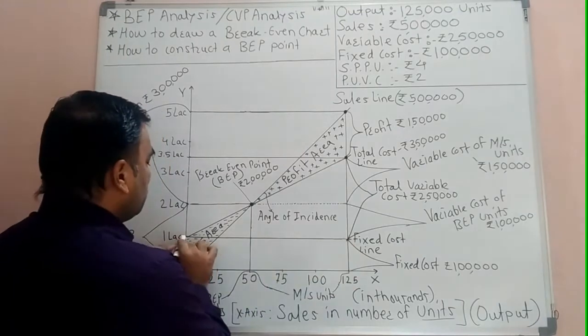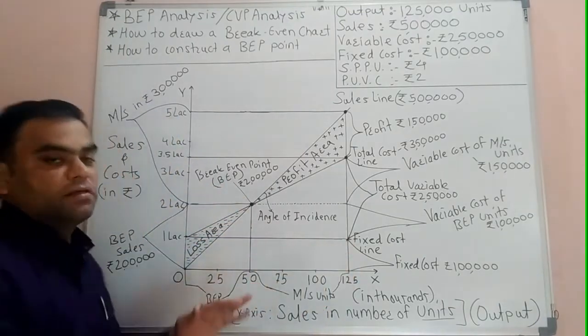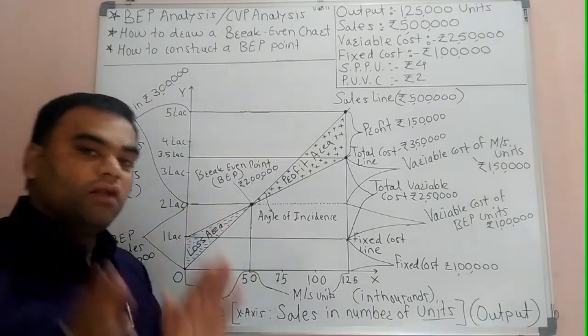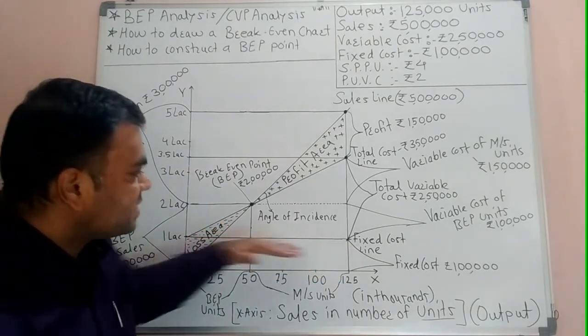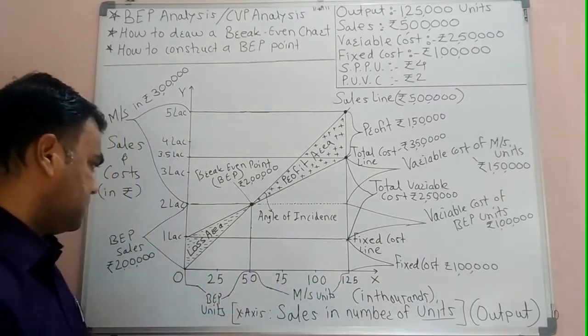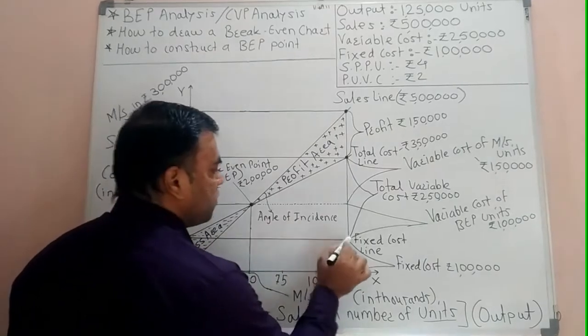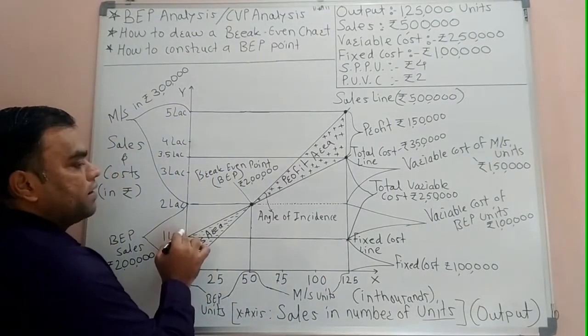So if you draw the fixed cost line, it will always be parallel to the x-axis, horizontal. So you will first draw the fixed cost of 1 lakh.